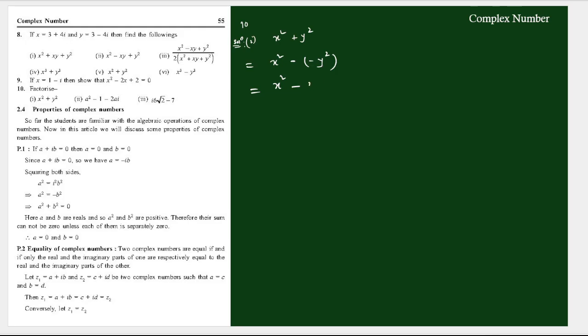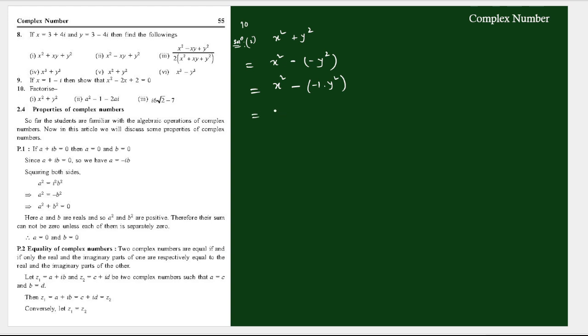So we can write down I into y square, है ना. -1 I square.